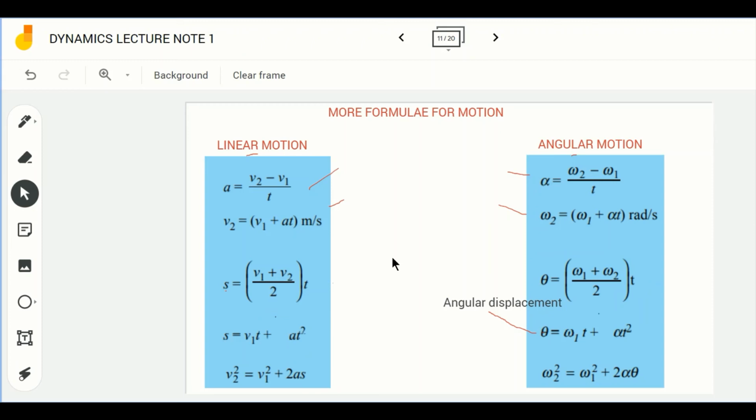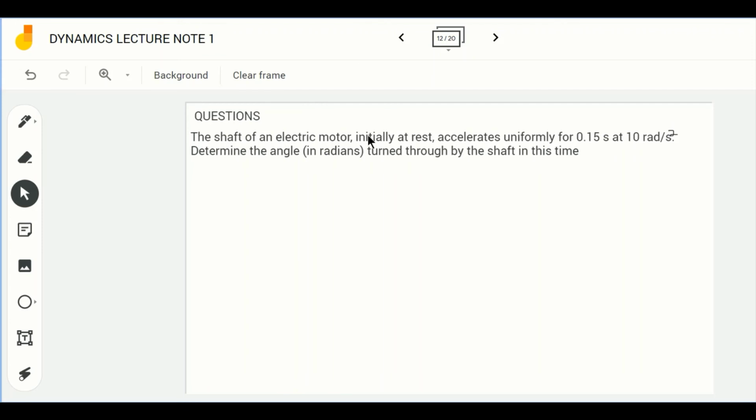Please, I want you to listen attentively. It says the shaft of an electric motor, initially at rest, accelerates uniformly at 10 rads per second squared for 0.15 seconds. That's my time. So my time is given as 0.15 seconds.